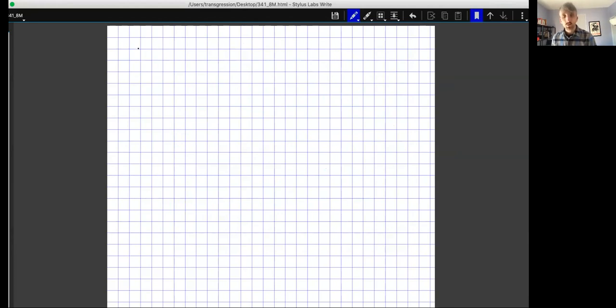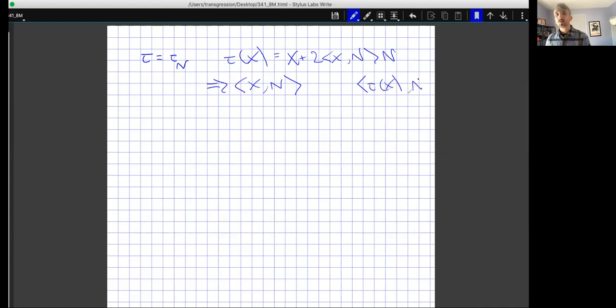So for the reflection, let tau be reflection in the normal vector. Then we can write down a formula for this. Tau of x is equal to x plus twice the inner product of x and n times n. This is our normal reflection formula when n is a vector of norm minus 1. From this, we can easily compute that the inner product of x with n compares quite nicely to the inner product of tau of x with n.